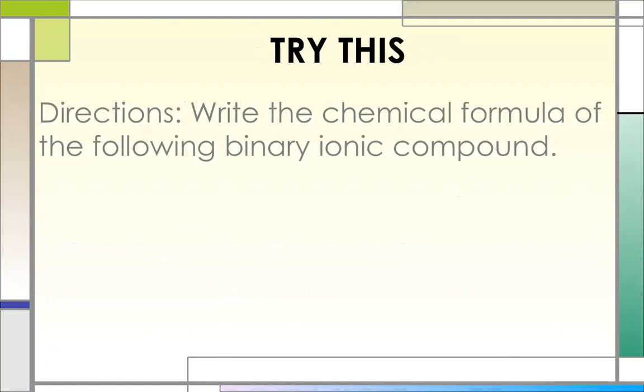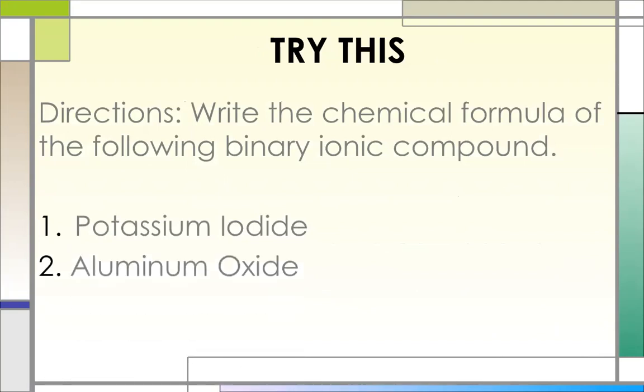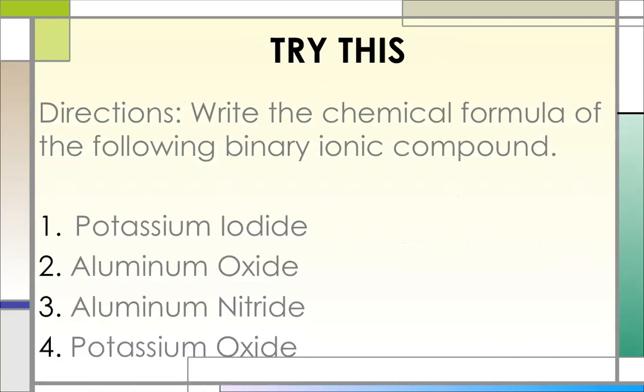Directions: write the chemical formula of the following binary ionic compounds. Number 1, potassium iodide. Number 2, aluminum oxide. Number 3, aluminum nitride. And number 4, potassium oxide. Try to answer it in your scratch paper.